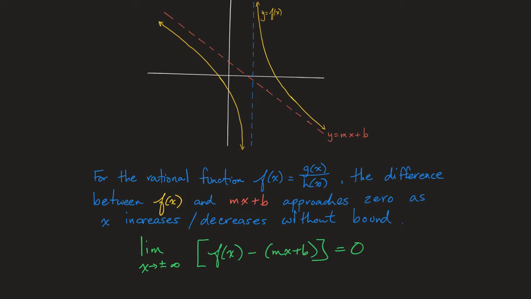All that says is, as we go forever in either direction, there's my limit as x approaches positive or negative infinity. The difference, meaning subtraction, between f of x and mx plus b, the asymptote, approaches 0. So the limit equals 0. That's all we're talking about. And as we said, that's pretty obvious. Okay, how do we now go through to find that oblique asymptote?